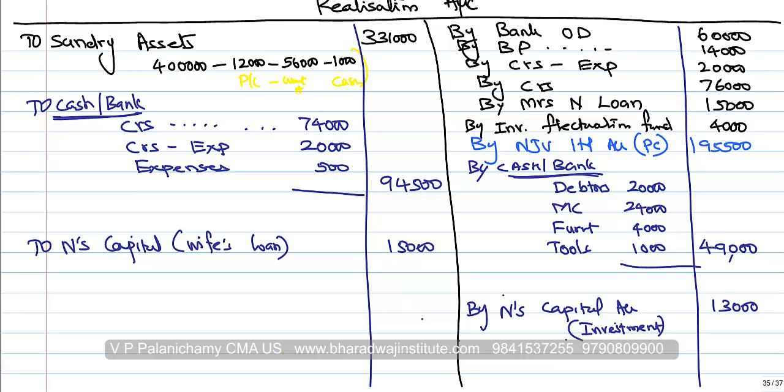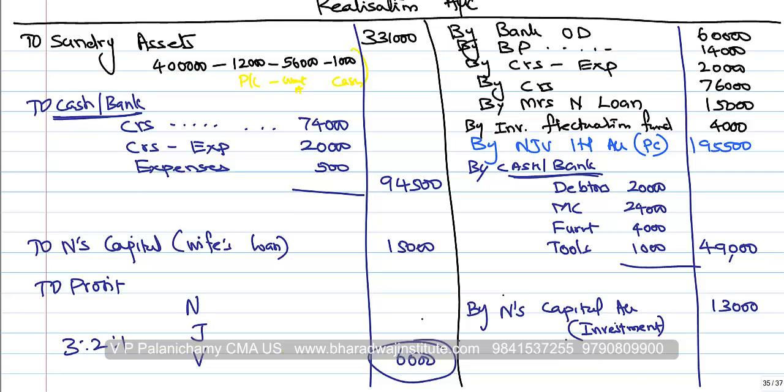What is the profit or loss? What is the profit? It is shared in the 3 is to 2 is to 1 ratio.